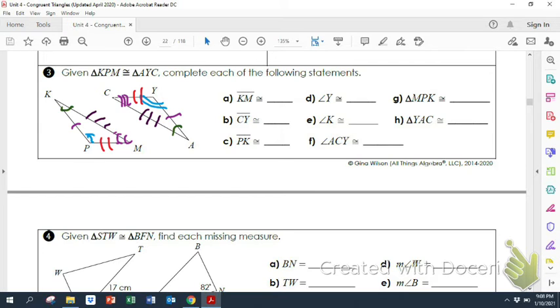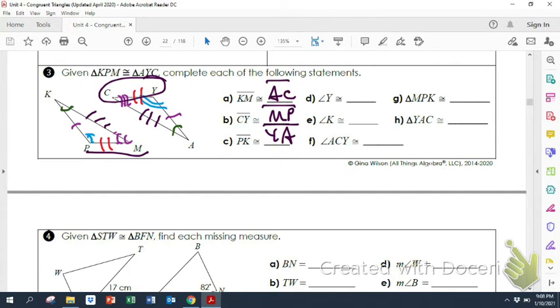Now, I labeled it, so that makes it easy, but you could have done this exercise without labeling it. Now that we've labeled it, it's really easy because I can say that KM is going to be AC. And I've done CY up here. Here's CY, and I know that that corresponds to MP. And PK corresponds to YA, and so forth.